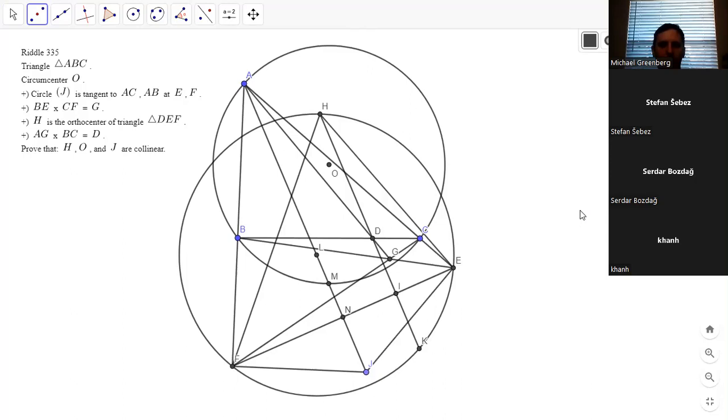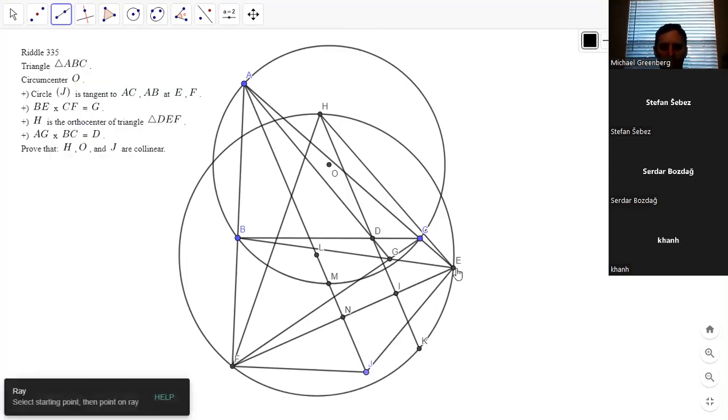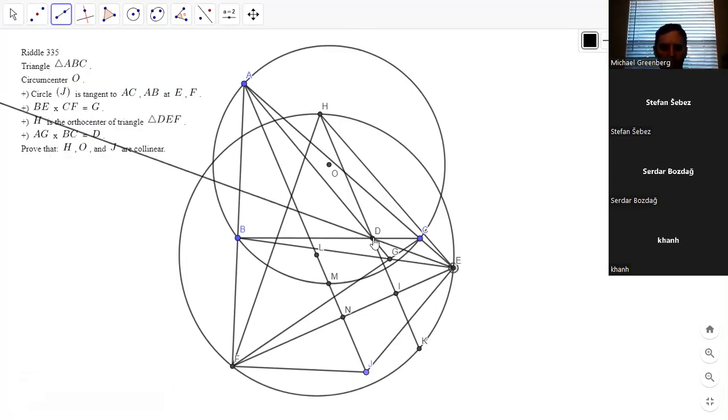So DI equals IK. Not sure how to use that fact.